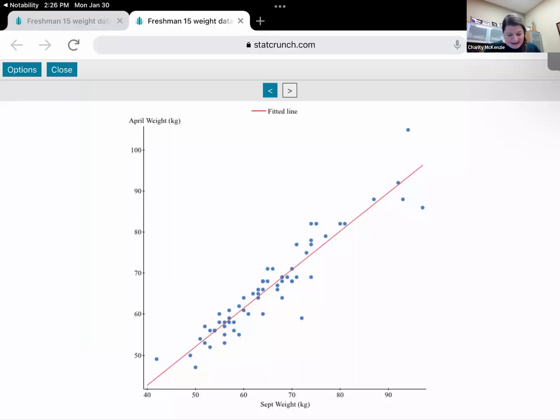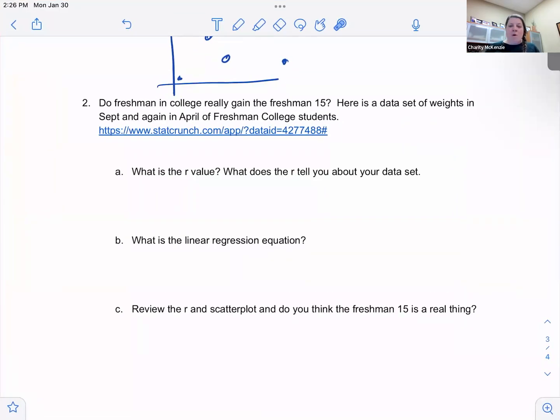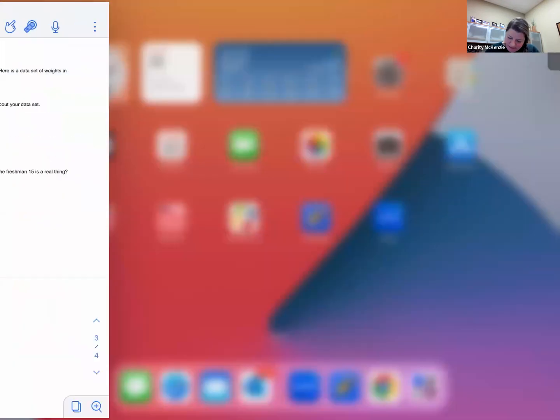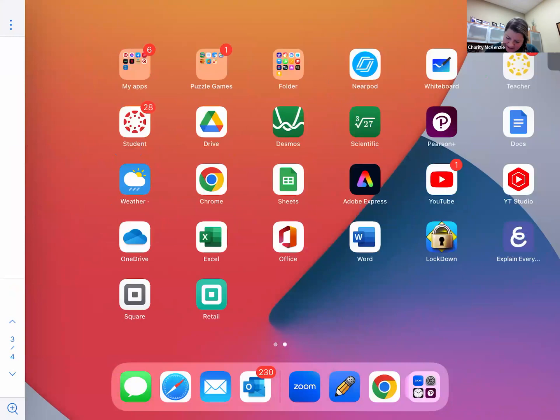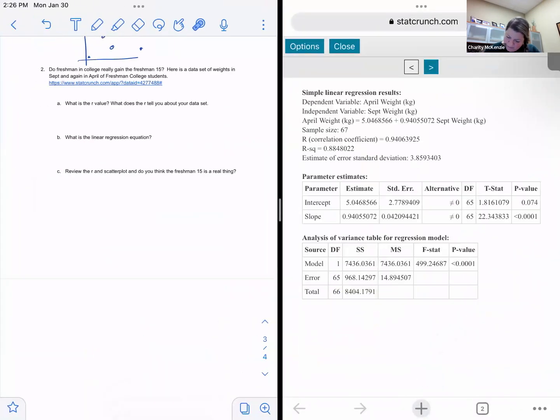So if we bounce back into our Notability, oh, our R value, I'll just open it right here too, because I don't remember all that. The R value to write on your note packet here, they have it as capital R, but it's the 0.94-ish.